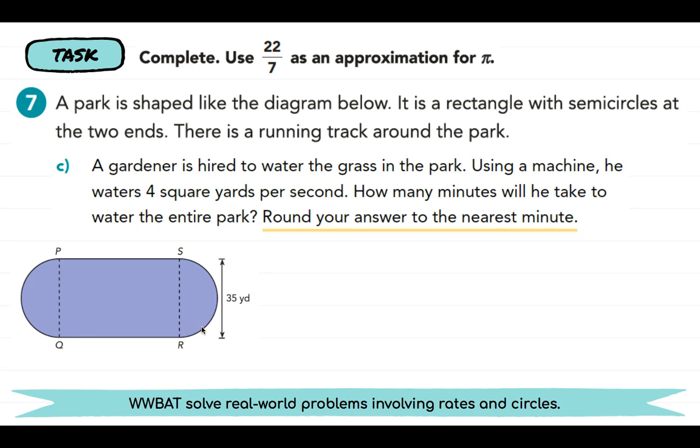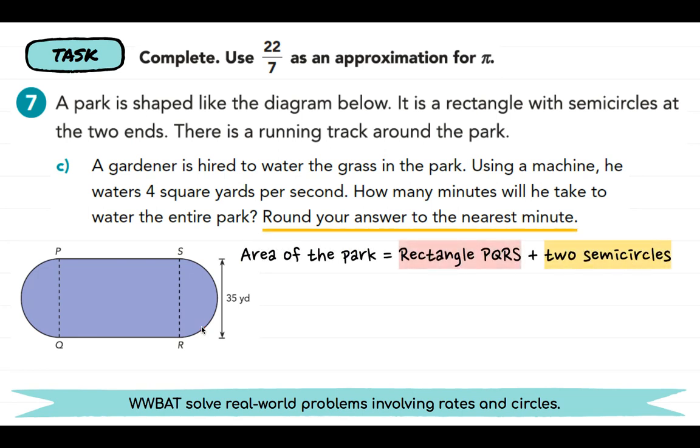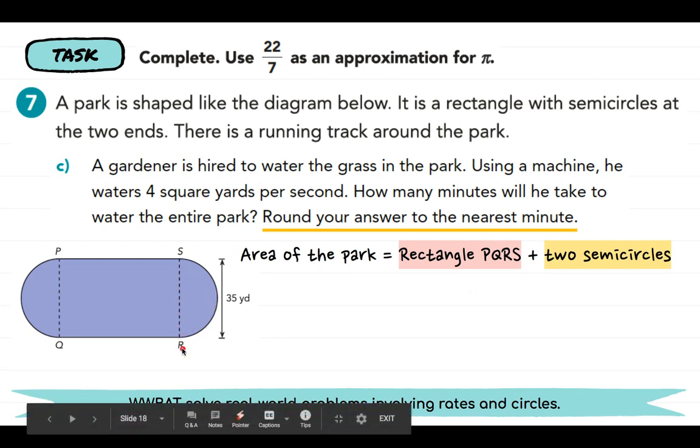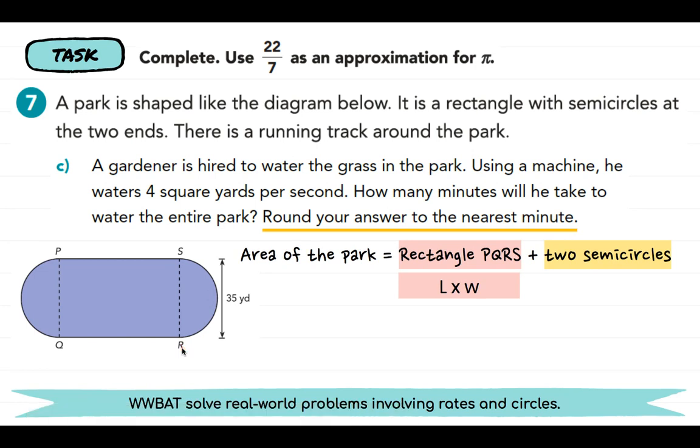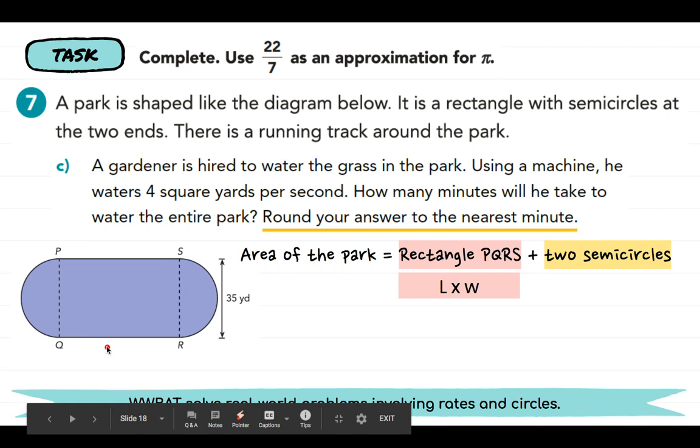The area of this park is the area of rectangle PQRS, plus the area of the 2 semicircles that are on the 2 ends of the park. To find the area of the rectangle PQRS, you can use length times width, and we know the length of this park from the question earlier.